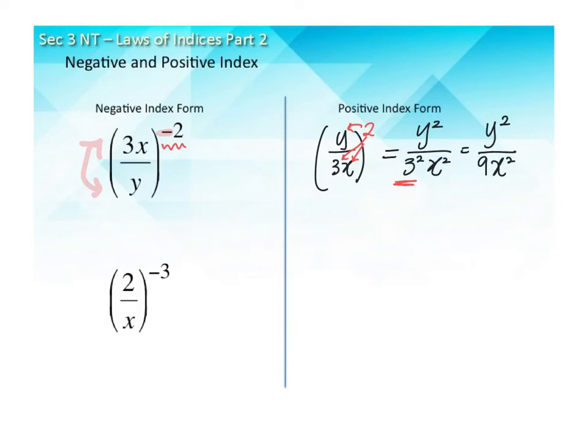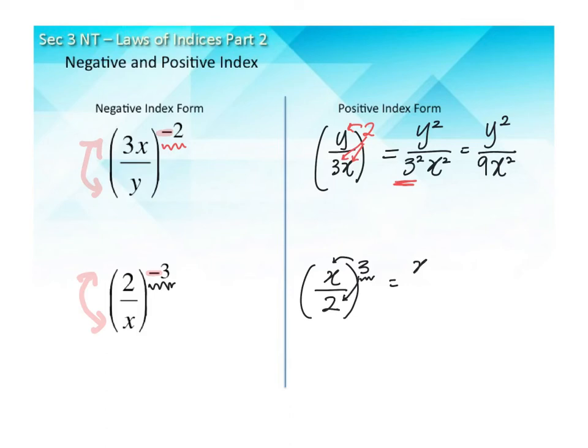One more example. 2 over x whole thing to the power of -3. What do we need to do? We need to swap the fraction. So in this case, I will get x over 2, the whole thing to the power of +3. Notice it has changed from negative power to a positive power. Now I need to apply power 3 to every single term inside the bracket.